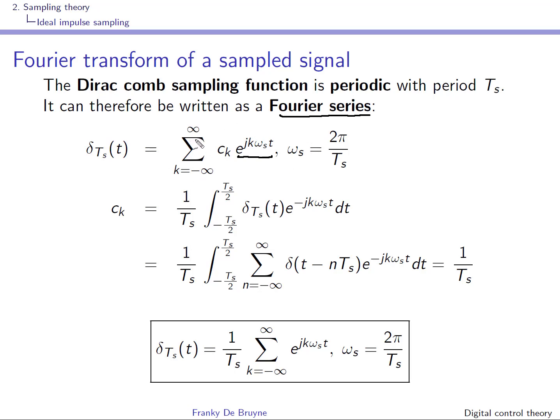So you can really see this as a sum of cosines and sines at harmonics of the sampling frequency. Without going into the details, it is possible to obtain this formula over here, and what you see is that the Fourier coefficients are all equal to 1 over Ts, and this is what we're going to use to obtain the Fourier transform of the sampled signal.